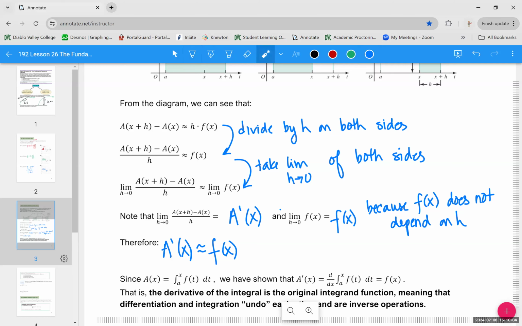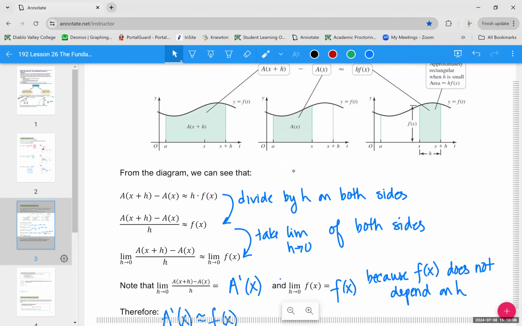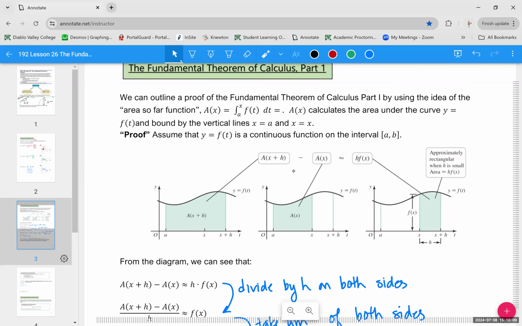And if we look at what those two things are, a prime would be the derivative of the integral. So the derivative of the integral, and that's equal to just this function. So in other words, taking the derivative of the integral canceled out the integral.